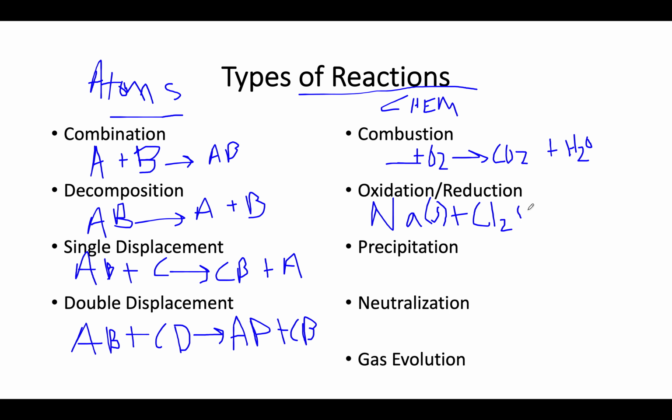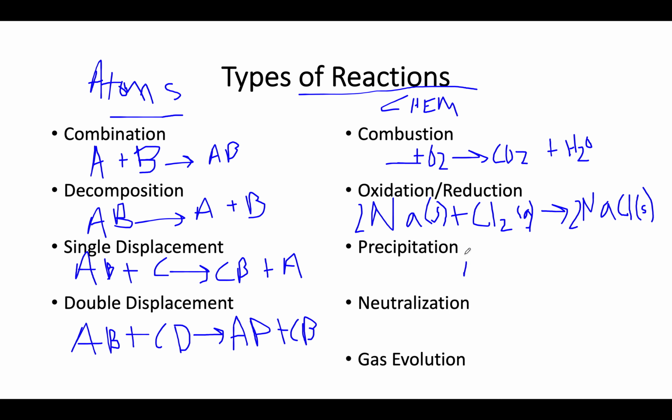You can see these are elements, and the elements combine and form an ionic compound. Now we have ions, Na+ and Cl-, and the reason we have those is because sodium lost an electron and chlorine gained an electron. So that's an oxidation reduction reaction.